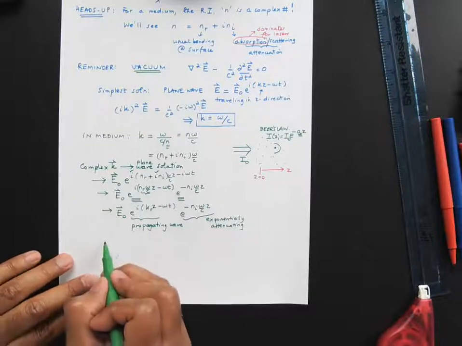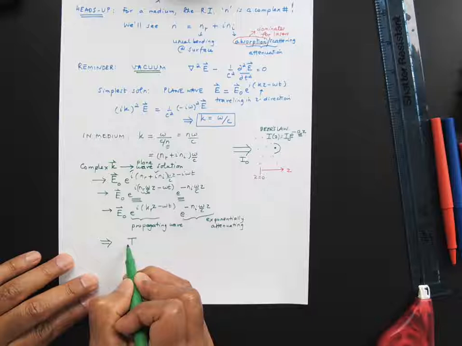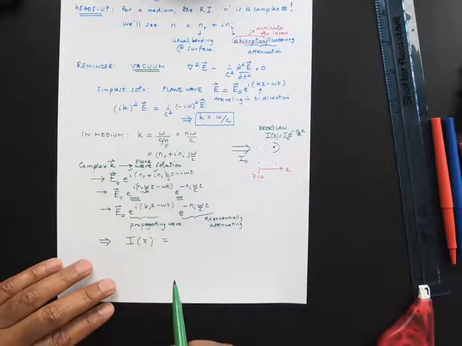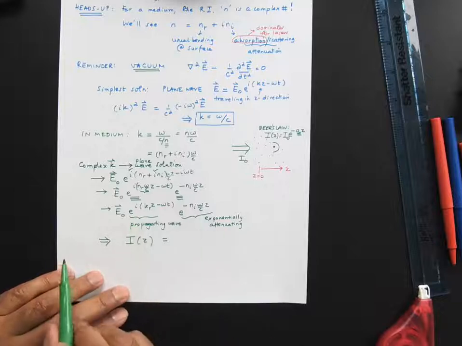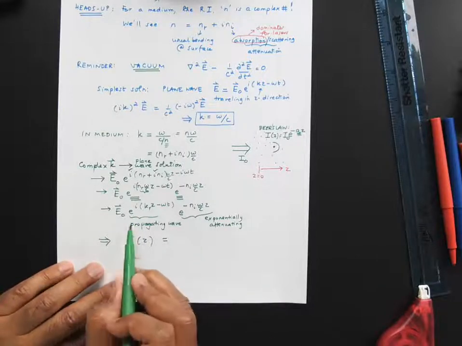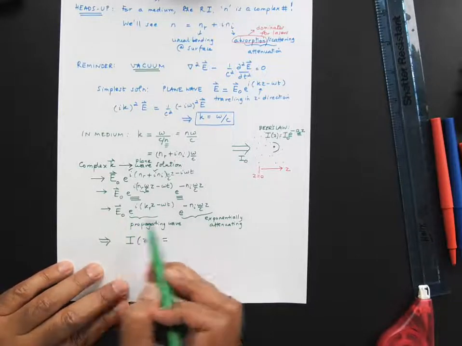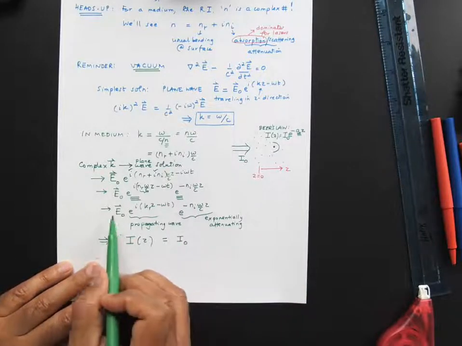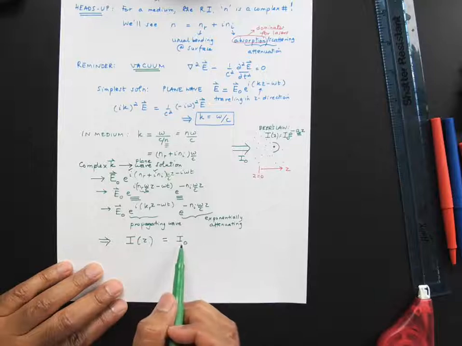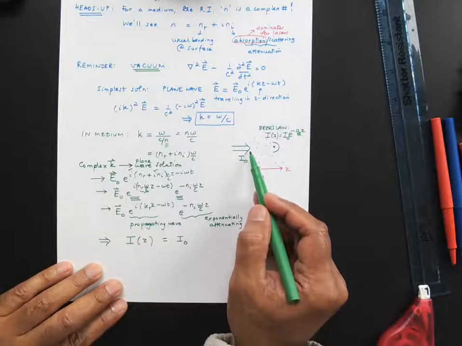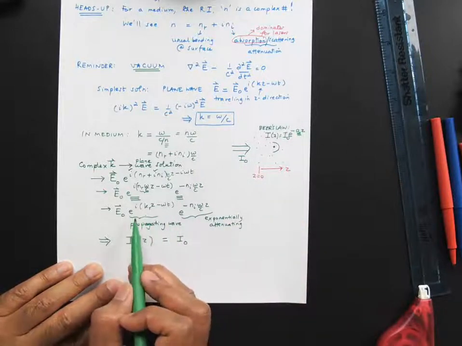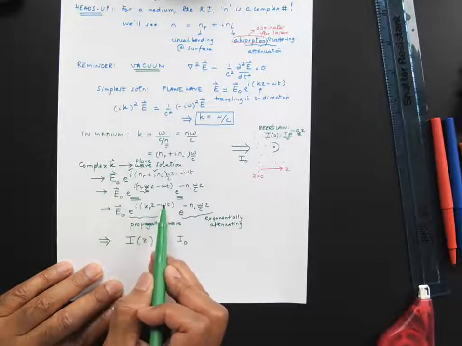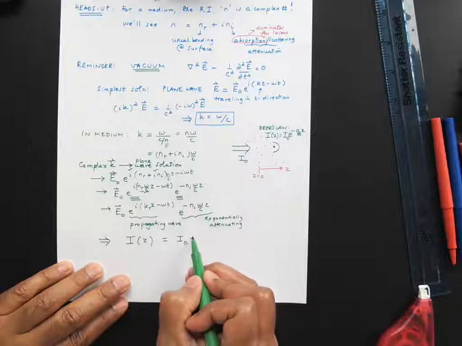And the intensity, of course, is proportional to the absolute value squared of the amplitude. So when you absolute value square this, you see right away that there will be this E naught squared, which is the intensity in the beginning. The e to the i, when you take the absolute value squared, goes away, but you're left with the other one.